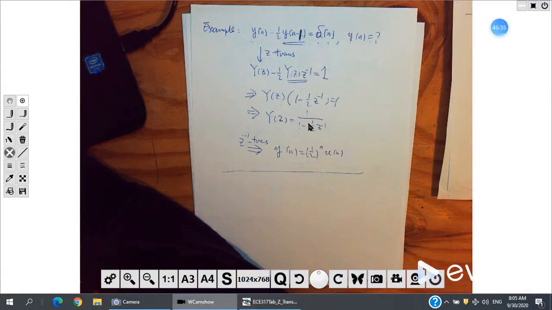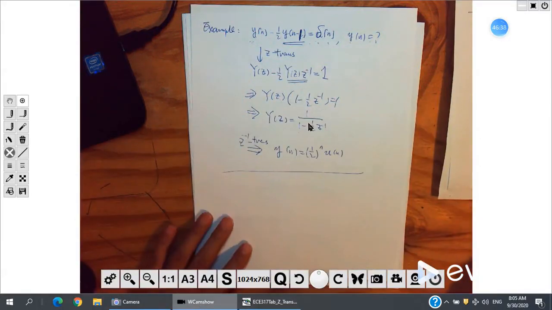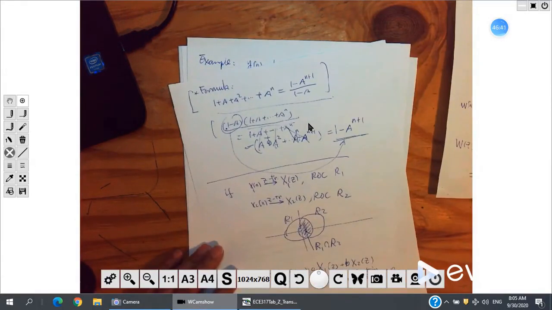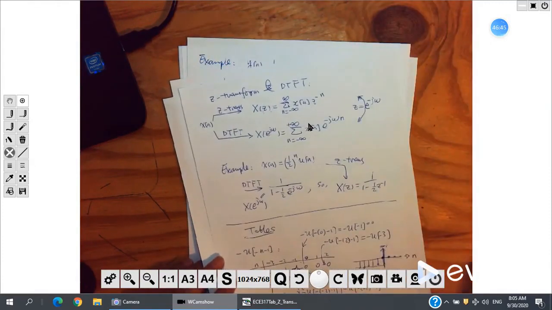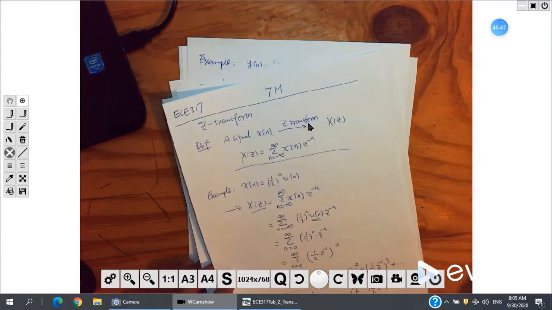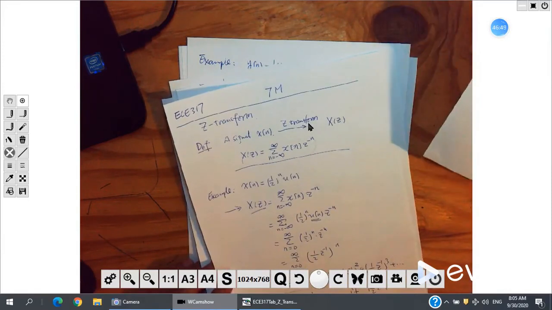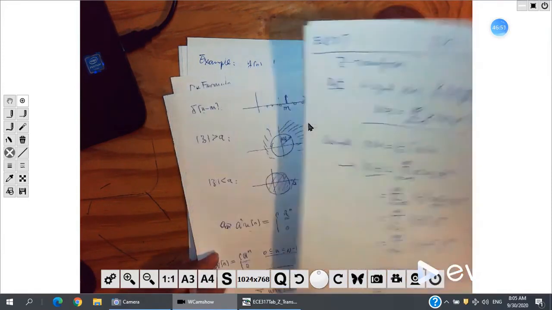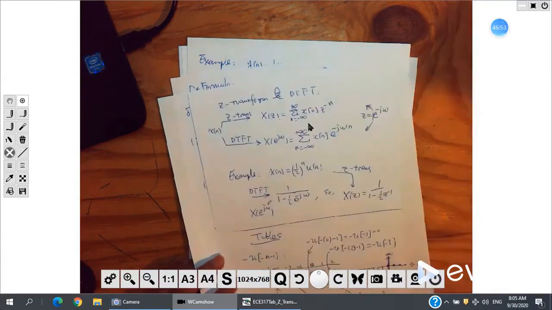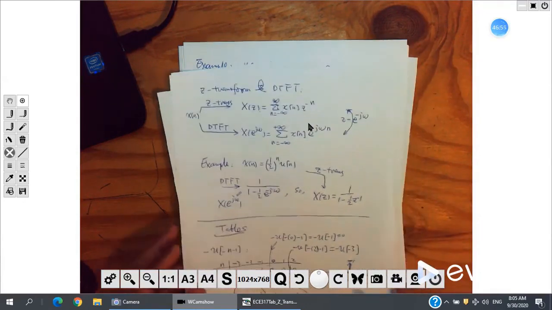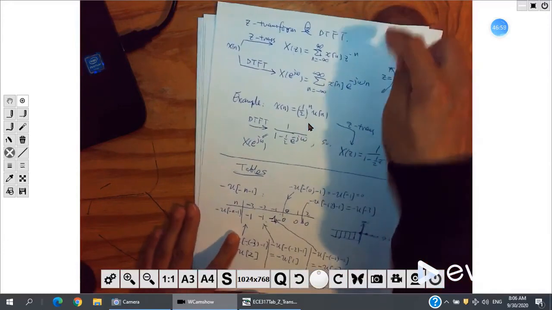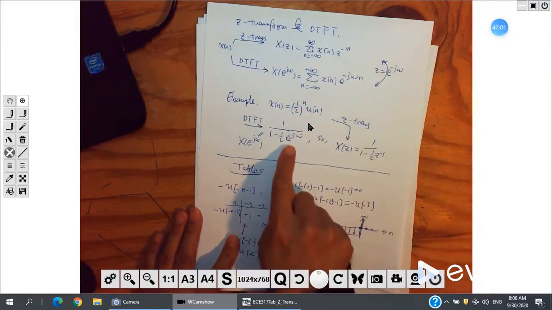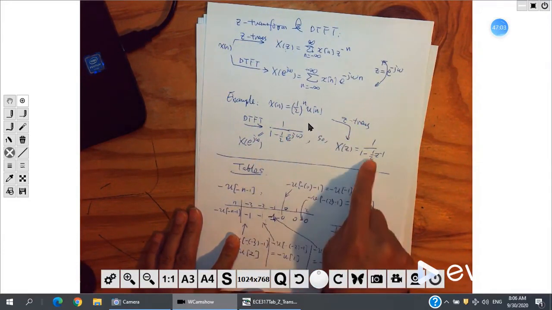Actually, I have just mentioned, when you replace Z by e to the j omega, I have an example here. If you replace this by Z, you can get this one.